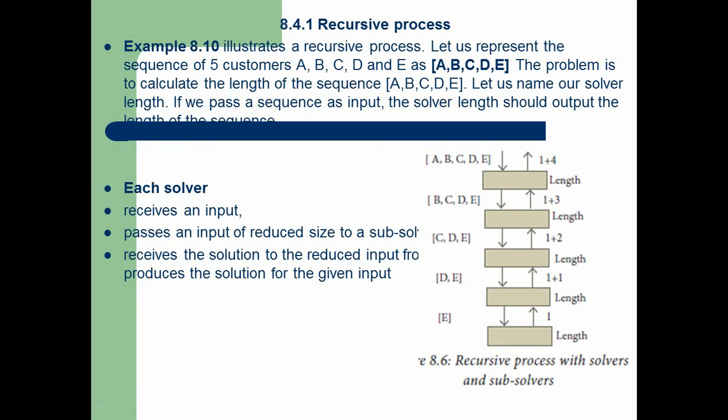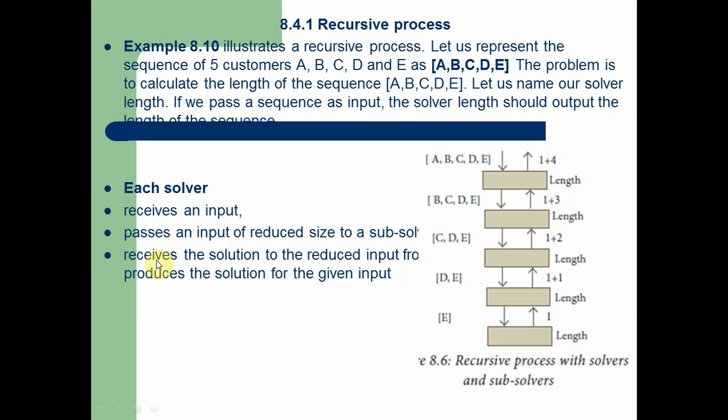So here the same recursion process is explained again. Here we call each and every person in the queue a solver. What do solvers do? A solver receives an input and passes an input of reduced size to the subsolver. So the first solver receives the input and sends the input in reduced form to the subsolver.